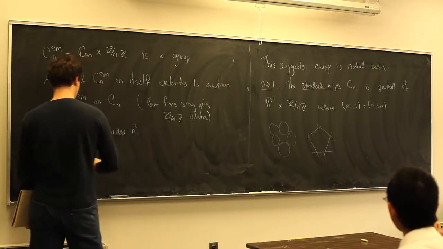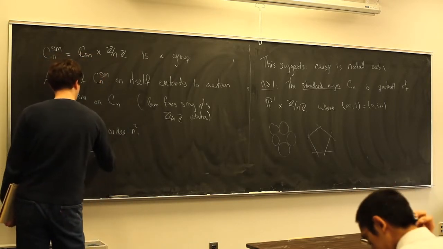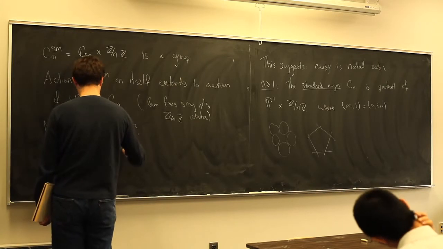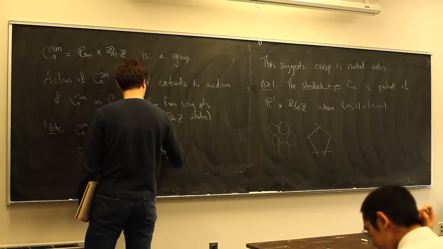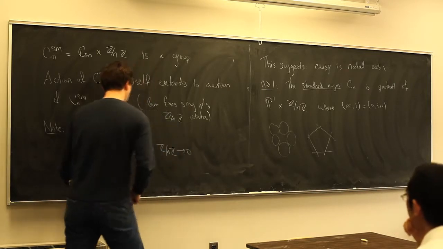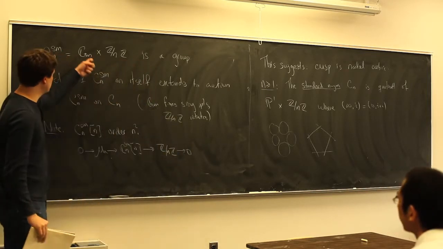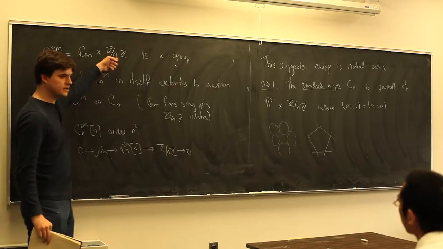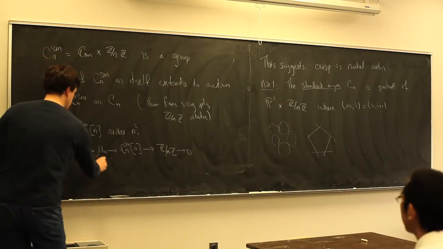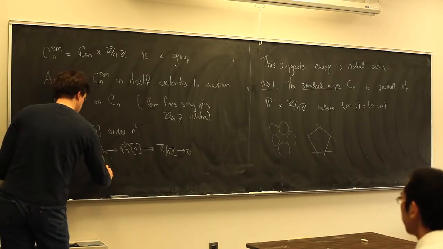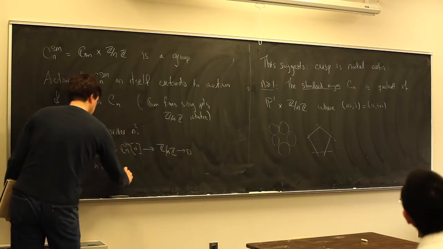In fact, it fits into a short exact sequence like this. This mu n is the torsion in Gm, and the quotient is Z mod NZ. So this mu n is in the identity component of the smooth locus.